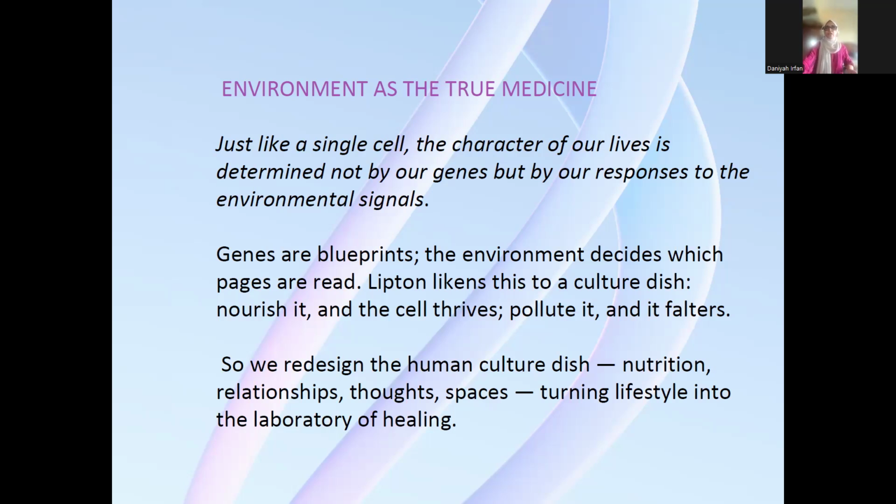Okay, now environment, that is a true medicine. We have seen in the lesson I did the other day on quantum that just because you carry a gene for a particular trait, it is not written in stone. Every genetic expression can be changed by changes in your environment and the kind of things we input.